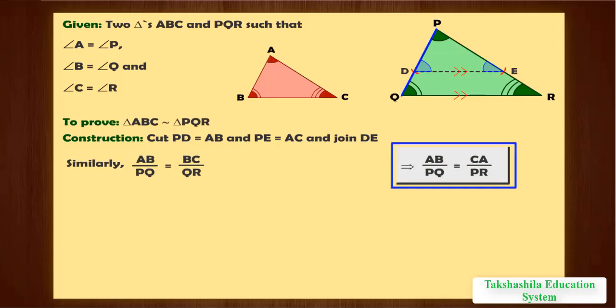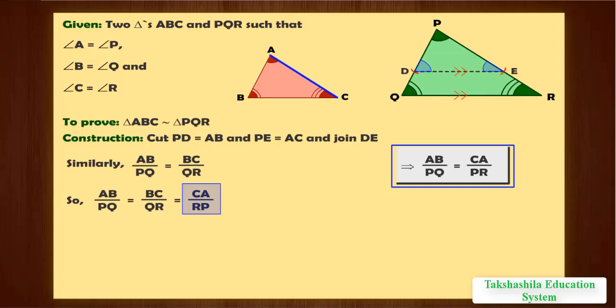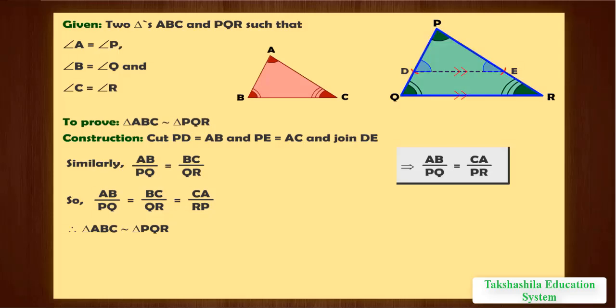Similarly, AB upon PQ is equal to BC upon QR. So, AB upon PQ is equal to BC upon QR is equal to CA upon RP. Therefore, triangle ABC is similar to triangle PQR as the corresponding sides are proportional.